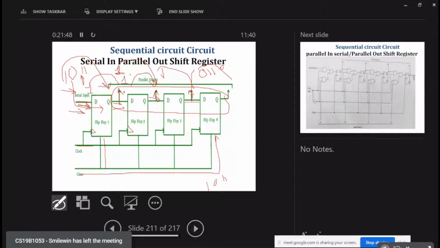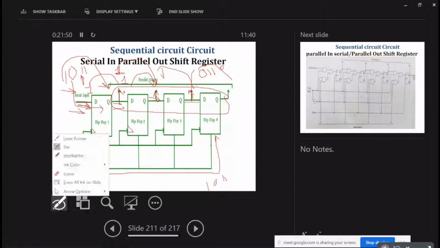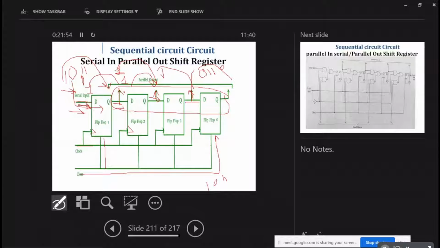Here we will get 1, here a 0, here 1, and again 1. So immediately after the fourth clock pulse, we will get 1 0 1 1.